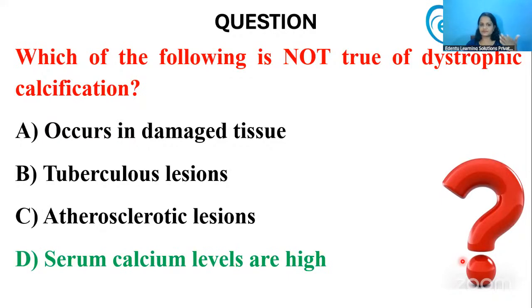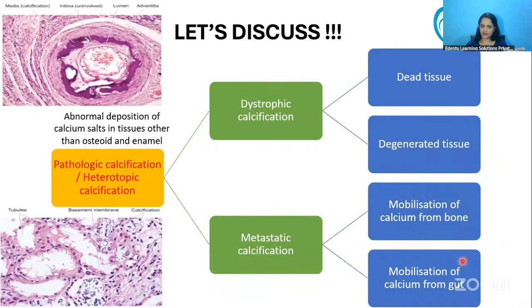Before moving on to the answer, let's discuss what pathological calcification is, what the types of pathological calcification are, and where you will see them. Pathological calcification, which is also called heterotopic calcification, means abnormal deposition of calcium salts in tissues other than osteoid and teeth.